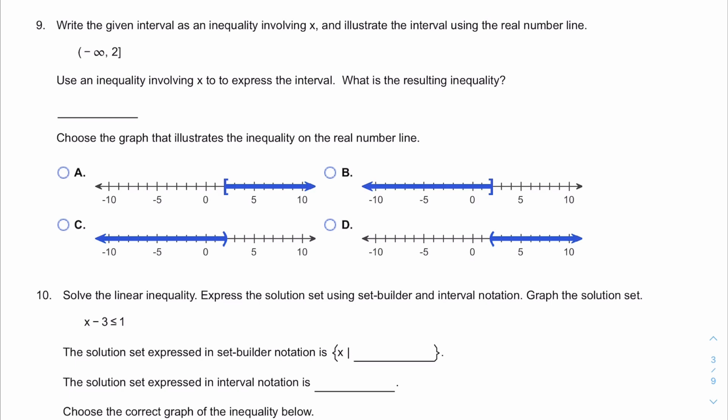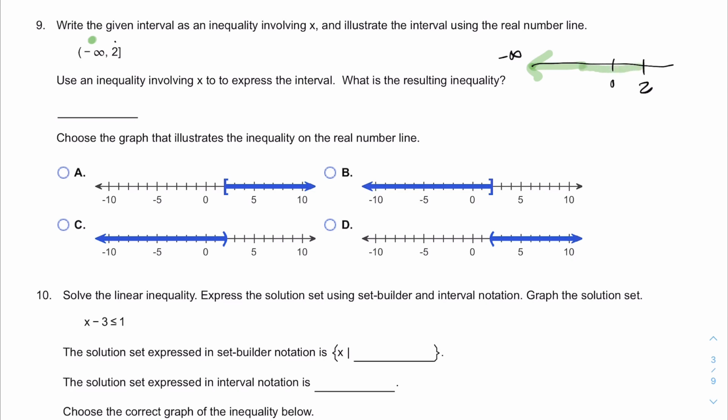Once again, I do think when you're new at this, it's not a bad idea to draw a picture, and I can see what's important on this picture. 0, 2 is definitely important, and it says the smallest value on the interval is -infinity. That means it's going forever to the left. And we can say that's -infinity out there. And so it goes all the way up to its biggest number on the interval, which is 2.